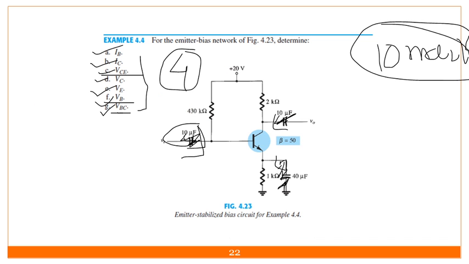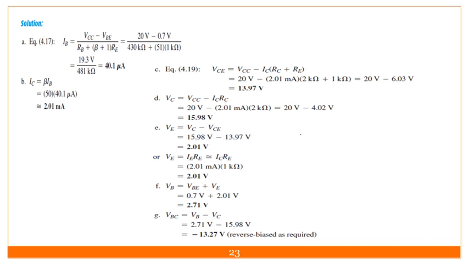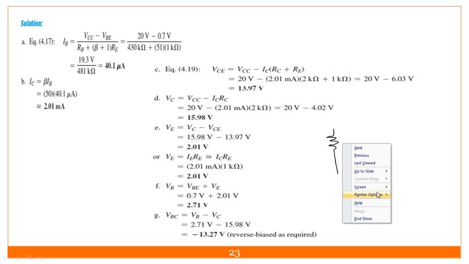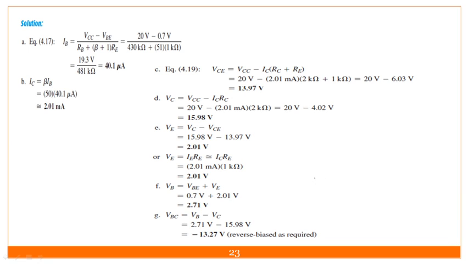If I am applying KVL across this, the input side will be like this. I will draw it over here. Just a minute, I will rub this portion first and draw it for you. This circuit is like this. This is my RB.